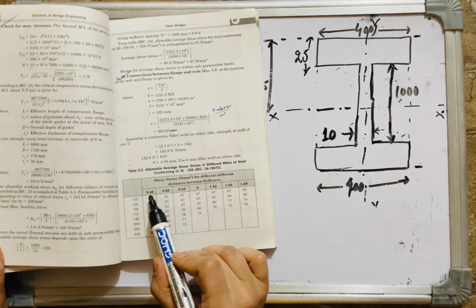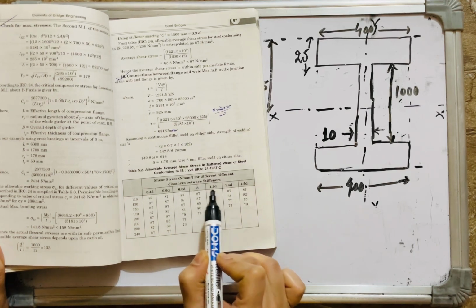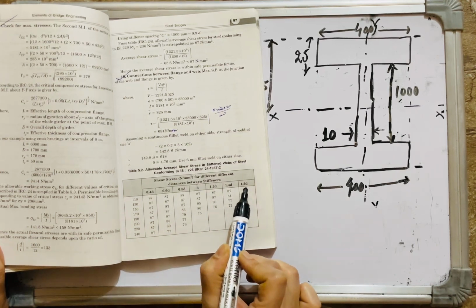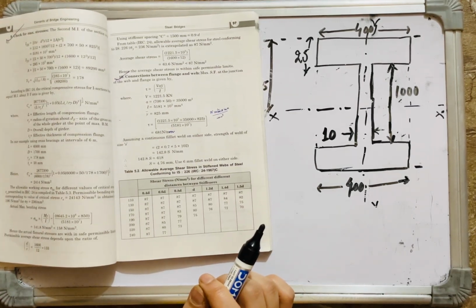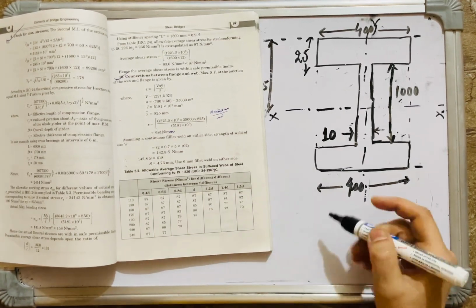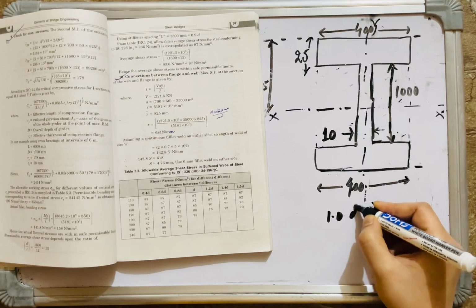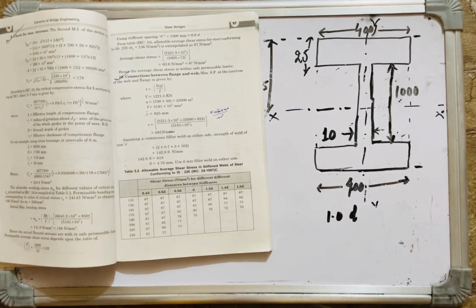These are the spacings: 0.4d, 0.6d, 0.8d, d, 1.2d, 1.4d, or 1.5d. As already discussed, we can choose stiffener spacing anywhere between 0.33d to 1.5d, d being the depth of the web plate. For this section we chose 1d, that is 1 multiplied by d, which is 1000 itself. That means we chose 1000.